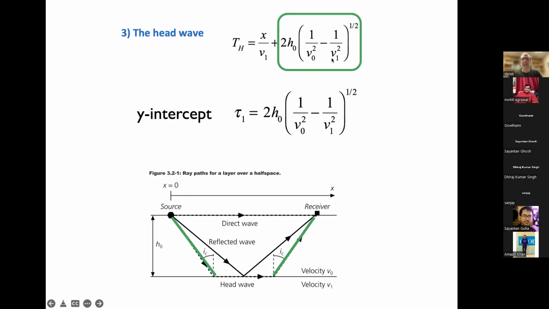This here just defines the travel time in the crust. This defines the travel time that it's propagating along the interface. And it's actually propagating just below the interface, which is why it sees velocity v1.